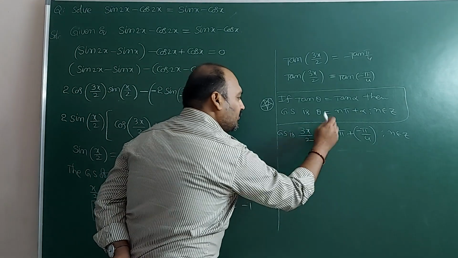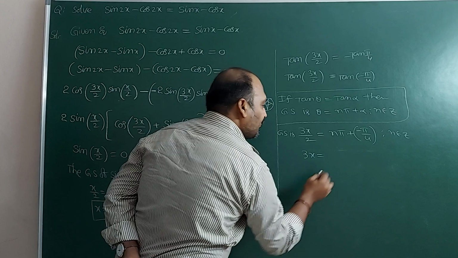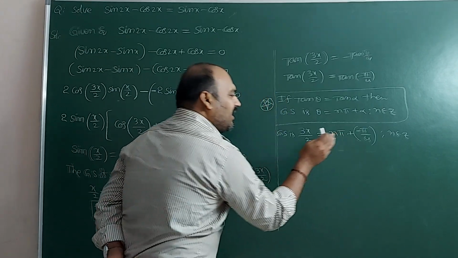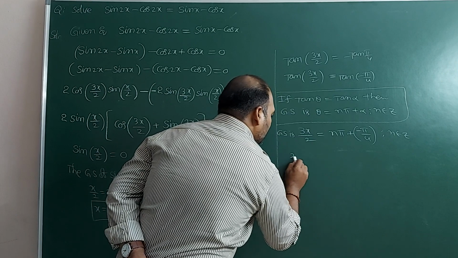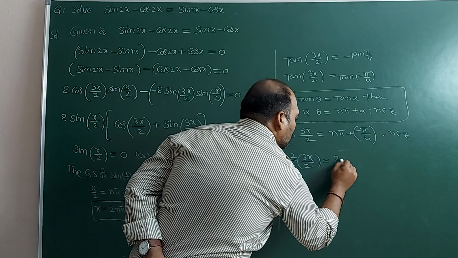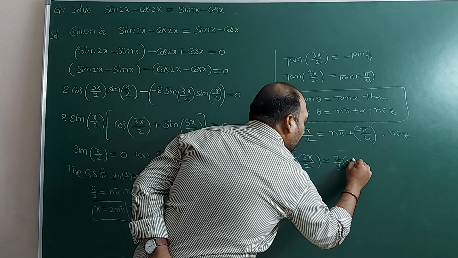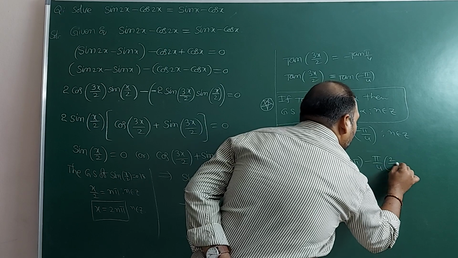I want x value. So first 2 we can take this side, 3x is equal to. So each and every term multiplying by 2 by 3, better. So 2 by 3 into 3x by 2. So 2 by 3 into n pi minus pi by 4 into 2 by 3.